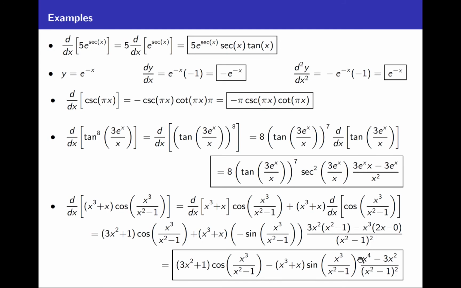That's just an x to the fourth. And a 3x squared times a minus 1, that's a minus 3x squared. So this numerator simplifies a little bit. Bring the negative outside here, put it there. That's probably about as simple as we can get the answer. So we'll put that in a box, call it our answer.